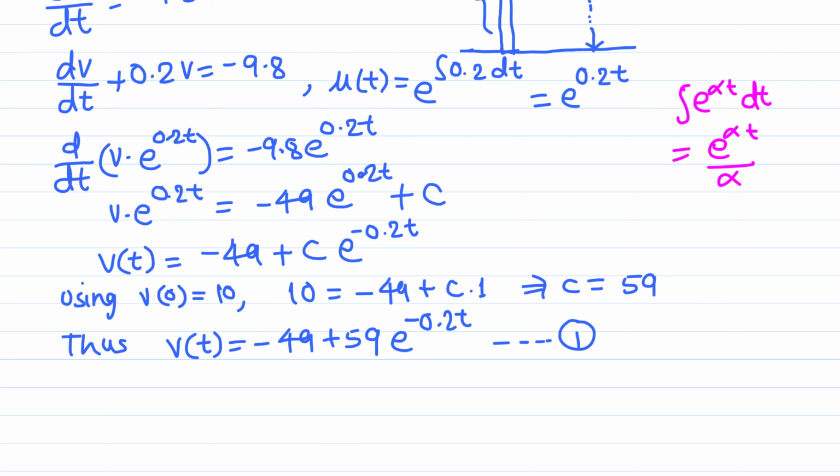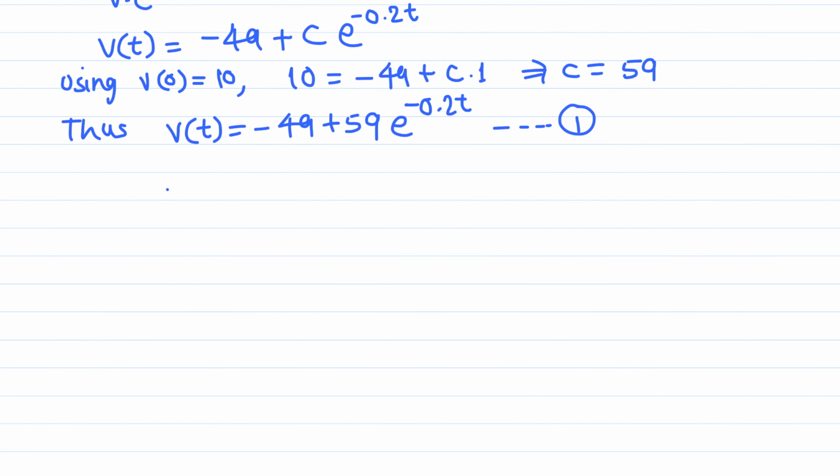Now we integrate both sides to find the position or height function. The velocity is the derivative of position, so if we integrate both sides with respect to t, this will be just the position. Let's integrate the right side.